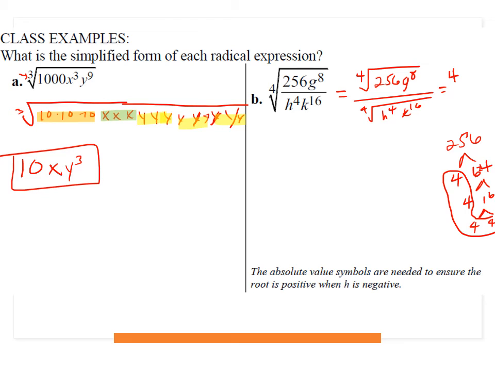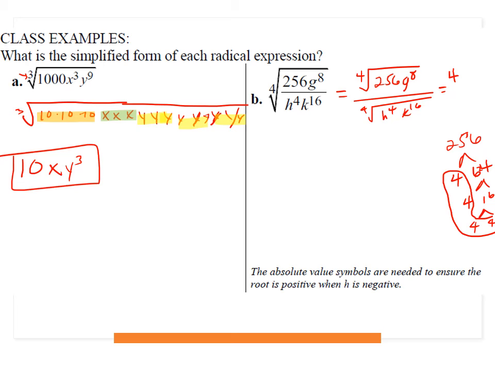It could be plus or minus 4. But because there are variables involved, I have to be mindful that it's not necessary to put it because it can wash out.